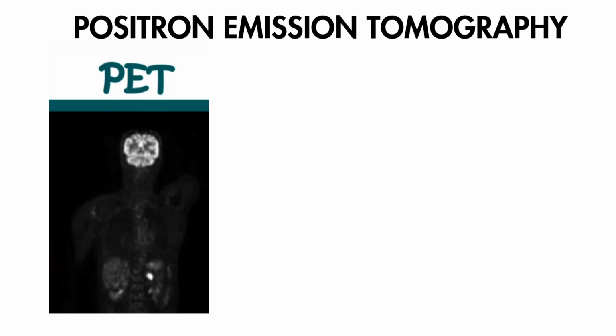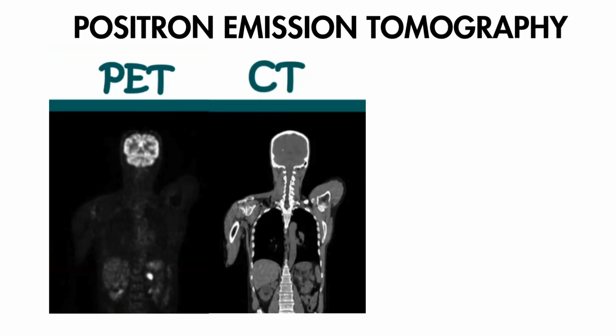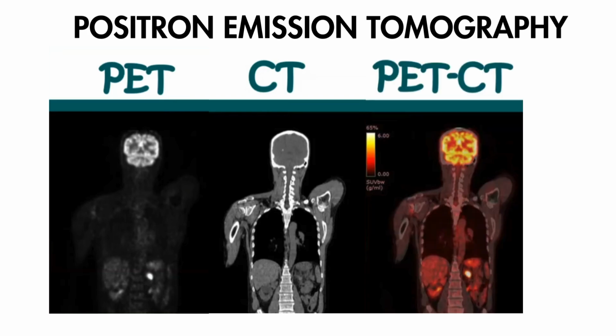We don't know. So what we're going to do is add a CT image. A CT image will be added with a PET image, and a new image called PET-CT will be derived. From this image we can easily understand the topographical positioning of the particular cancer cell.